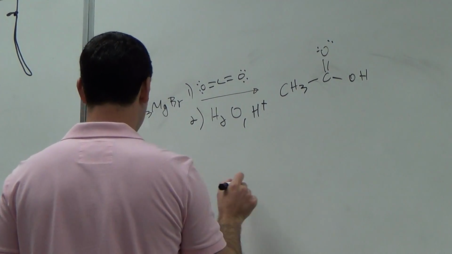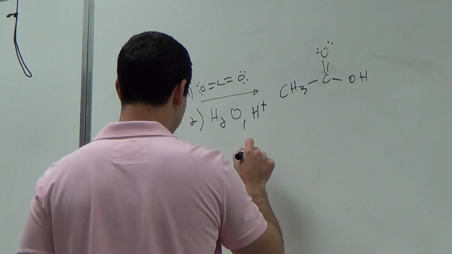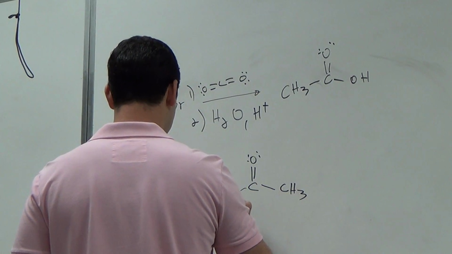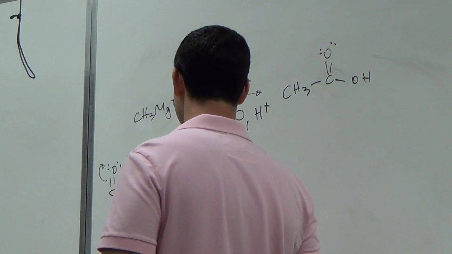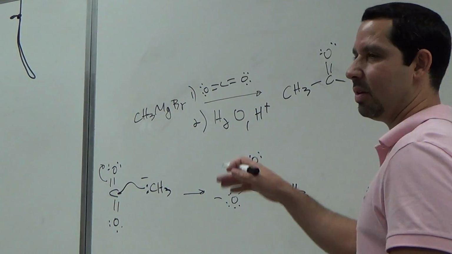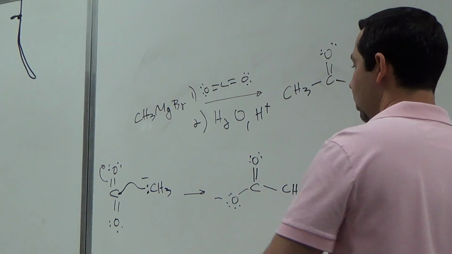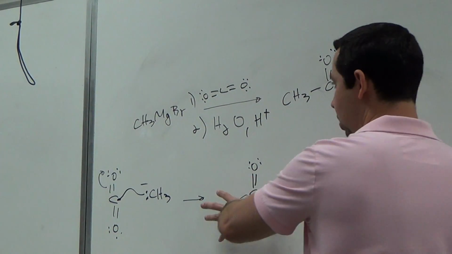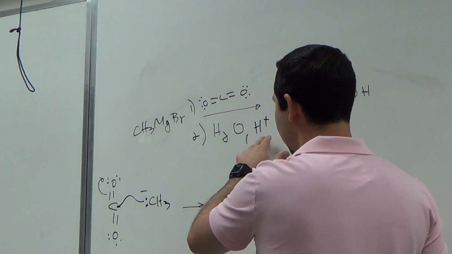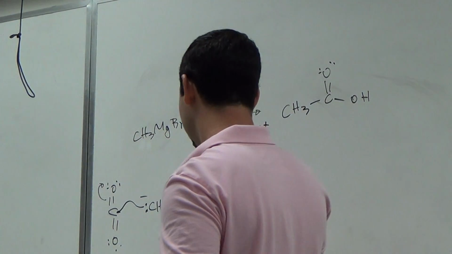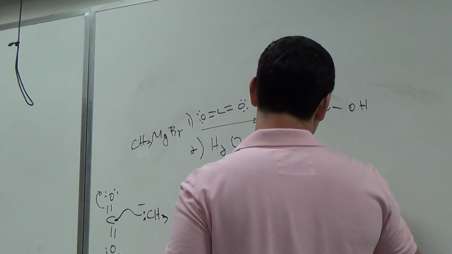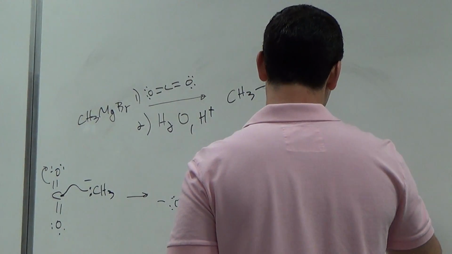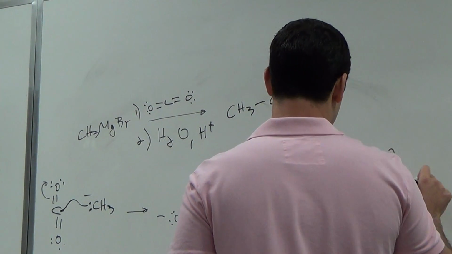And what you are going to get from there is a double bond to the O, with a negative oxygen and the CH3. I did it this way. The oxygen with a negative charge gets protonated by water. This is the reason why you need water or H plus, okay? Because it will be protonated, so we're going to say a source of protons, yes? A source of protons will give you carboxylic acid.